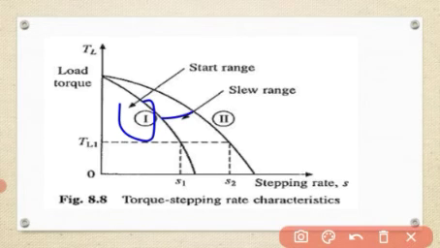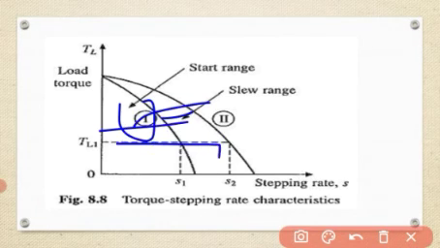It means both conditions: the motor should start, and it should not lose synchronization. This area is known as the slew range, and the motor is said to operate in slewing mode.